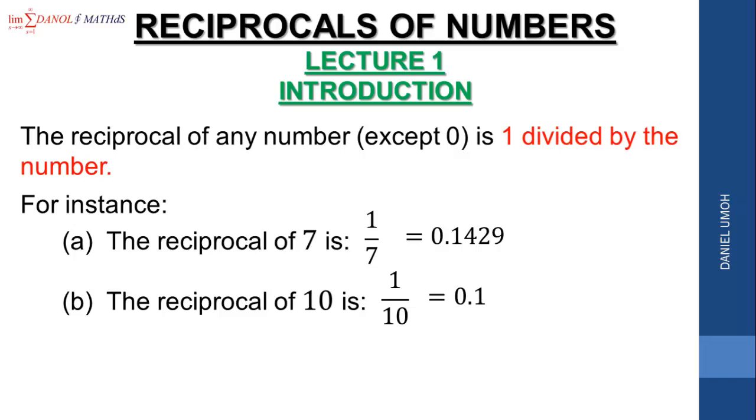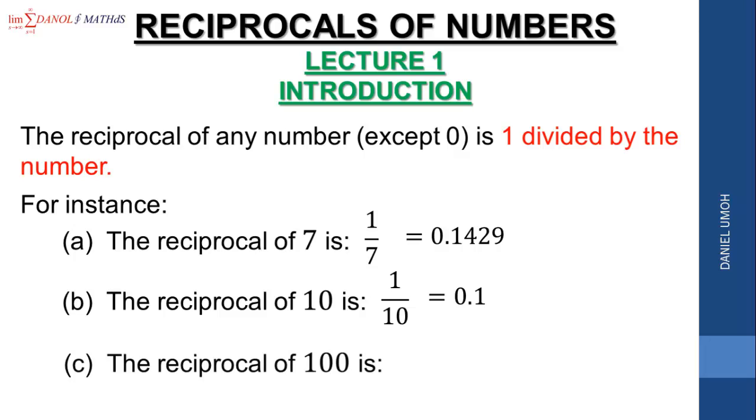So the reciprocal of any number is simply 1 divided by that number. But this excludes 0. You have to take note of that, because 0 is a special number. 1 divided by 0, if you check with your calculator, you are going to see a math error. So 1 over 0 is undefined in mathematics.